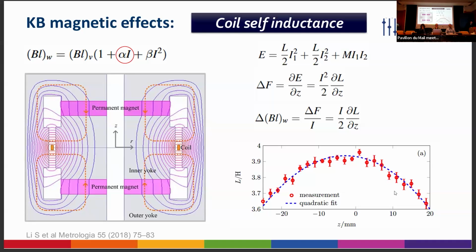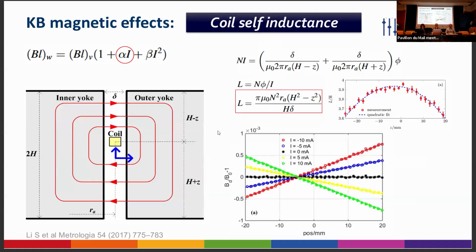And if you do experiment, you will find the inductance of the coil is a quadratic distribution along the vertical direction. That means you have a maximum value in the middle, and this corresponds to some negative slope force curve. That means if your coil is moved up, this force will drag it back to the center, right? The lower is the same principle, right?